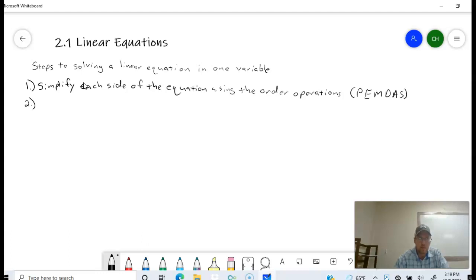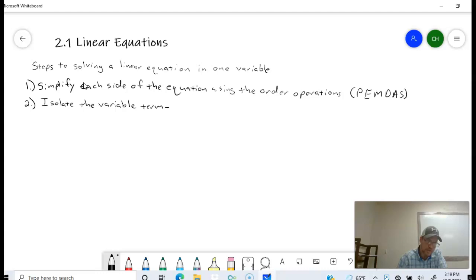Alright, once we've done that, we're going to isolate the variable term. So what it means to isolate the variable term is the variable most of the time will have a coefficient. We need to get all of those on one side of the equation. So if there's one on either side, we're going to combine them.